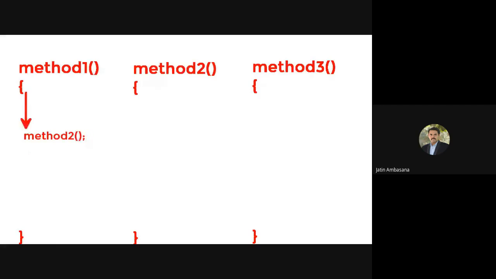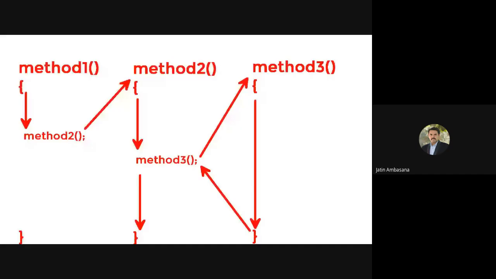Method 2 executes and it has a method 3 call, right? So method 2 executes and calls method 3 at this point. Method 3 executes and returns the control at this point. So method 2 continues executing, then it returns the control to method 1 and then method 1 executes.